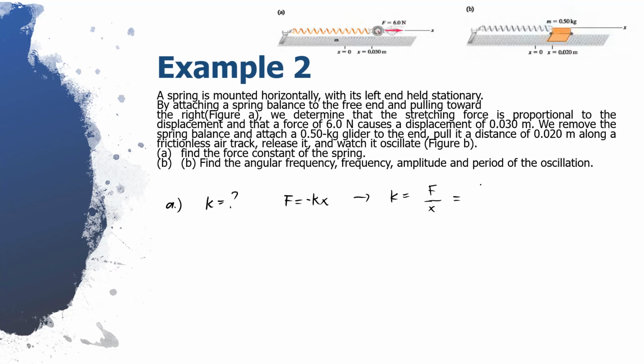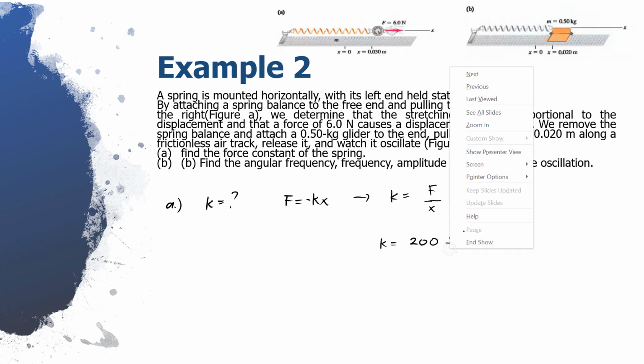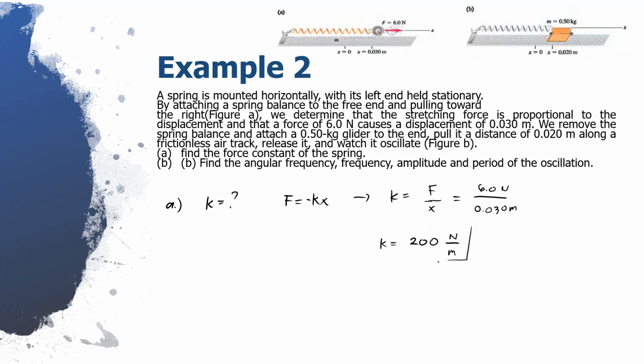This F is given, 6.0 newtons, and the force of 6.0 newtons causes a displacement x equal to 0.03 meters. So therefore k, the force constant, is equal to 6 divided by 0.03 meters, which is equal to 200. The unit is newton per meter. So this is the force constant of the spring.